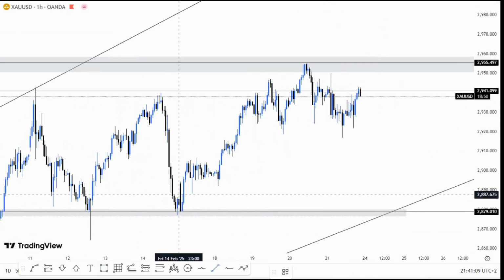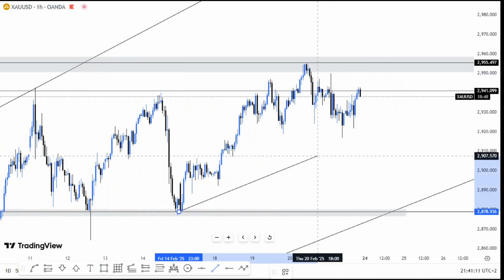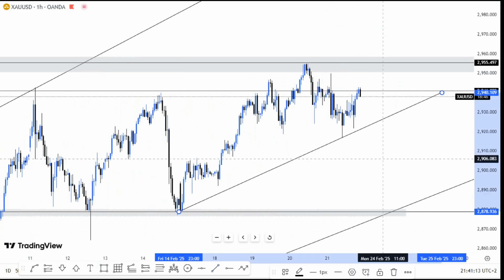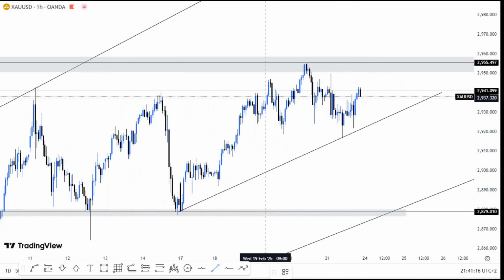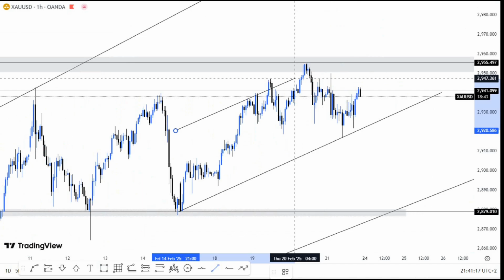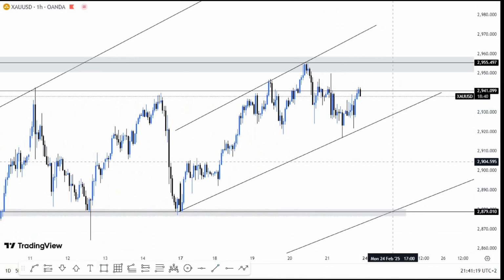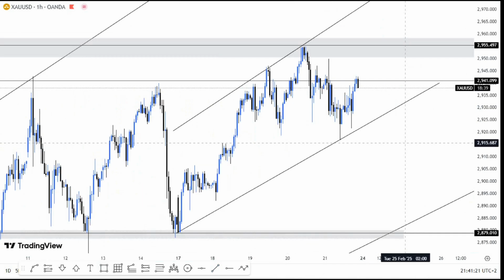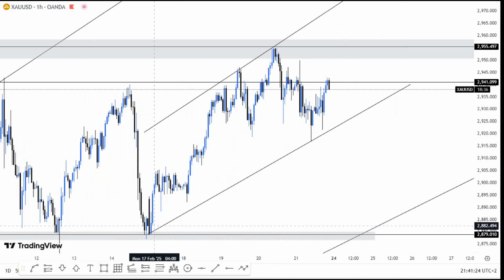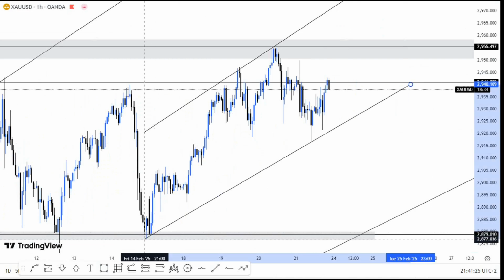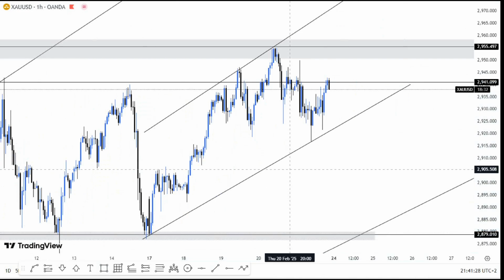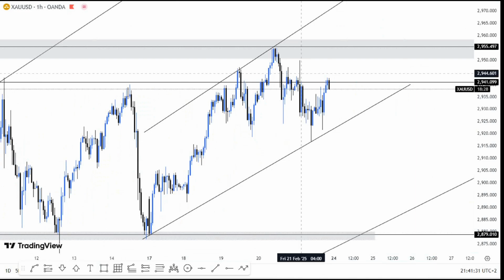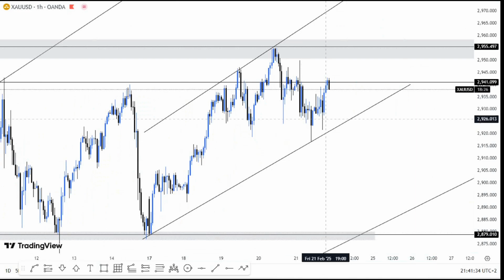From this support, we've been creating highs and lows, which means we have a beautiful trend at that certain point. So the market has just been moving in a beautiful uptrend, guys. We're going to be waiting for the market to respect this uptrend in order for us to be taking sales. But also from this certain resistance, the market is just creating lows and highs. Hence, I was saying we can actually get some beautiful buys from that point.